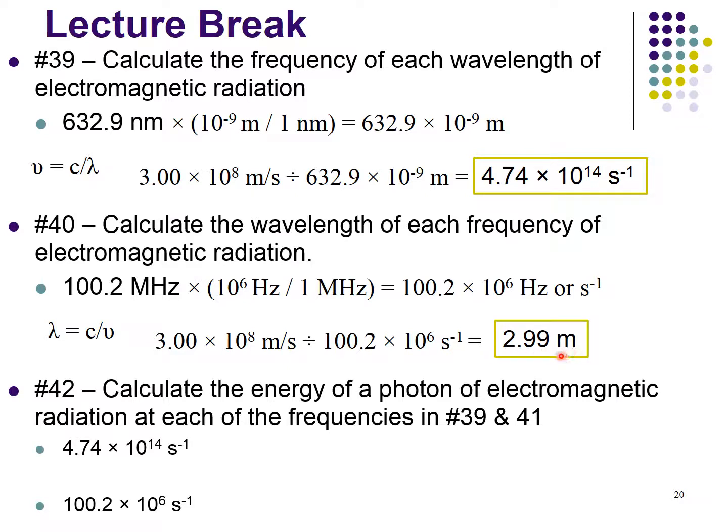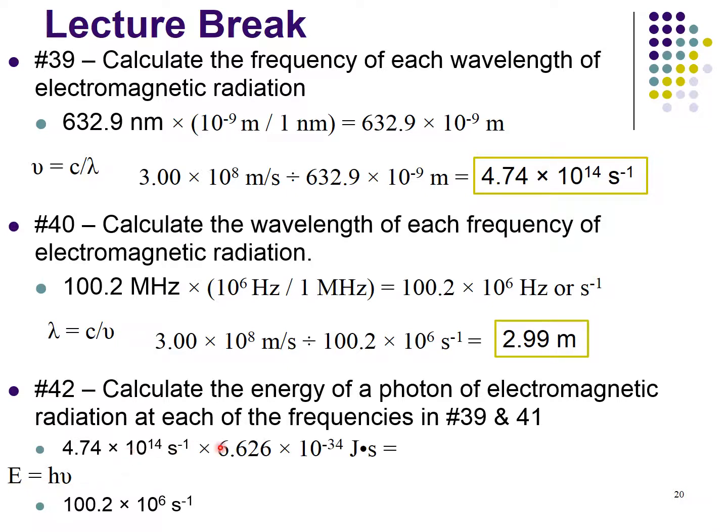And then in the last question it says, calculate the energy of a photon of electromagnetic radiation at each of the frequencies in 39 and 41. Now our equation for this did include multiple parts. We could have calculated this from the wavelength or from the frequency. Using the frequency is a little bit easier, just a little bit though. So energy is equal to Planck's constant times the frequency.